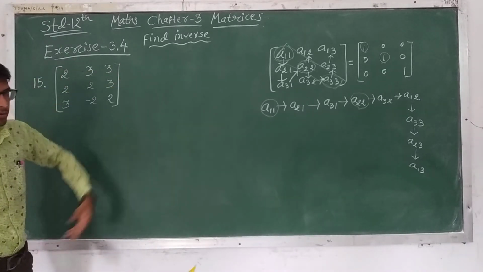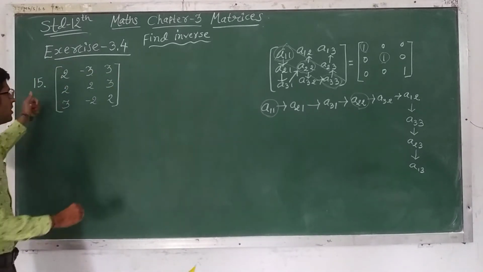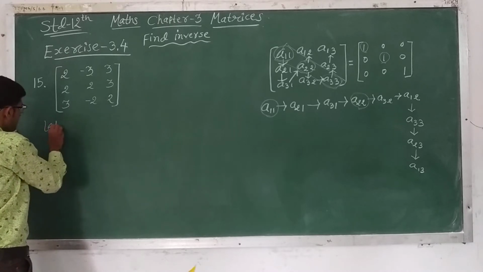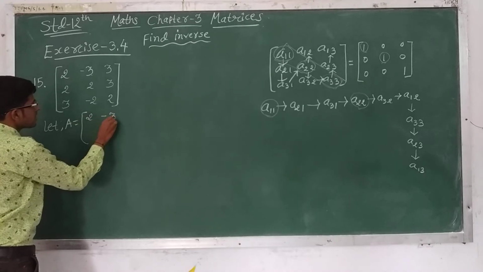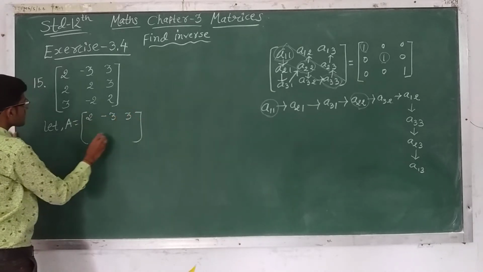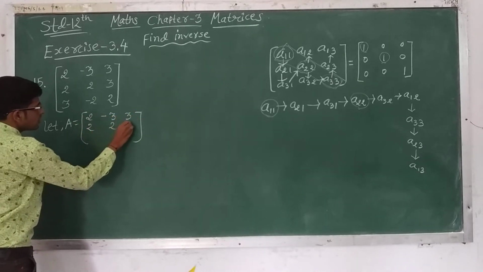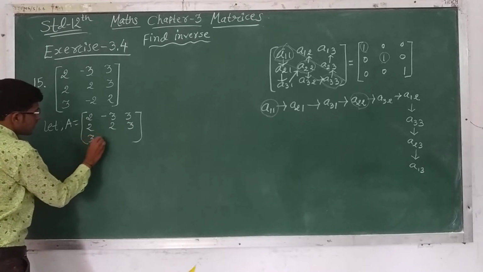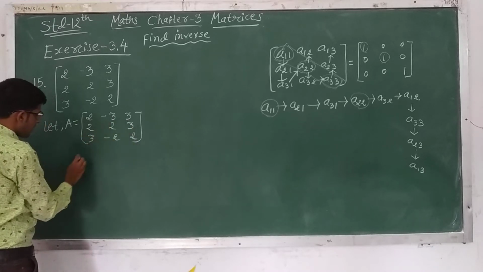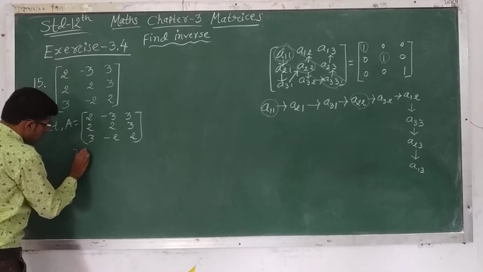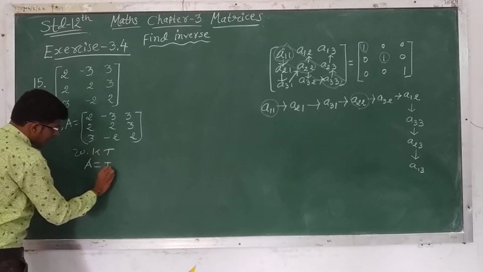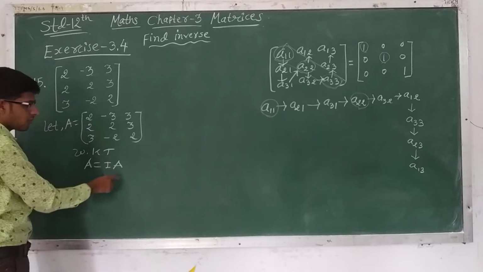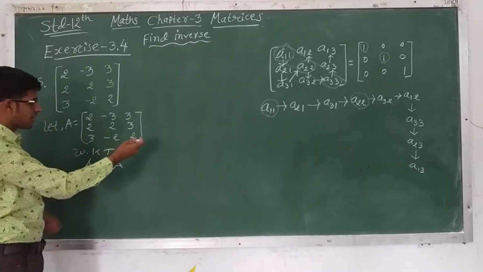Okay, so we start question number 15. Let us start from the left. A is equal to the matrix 2, minus 3, 3; 2, 2, 3; 3, minus 2, 2. We know that A equals IA, so we use A equals IA for row elementary transformations.